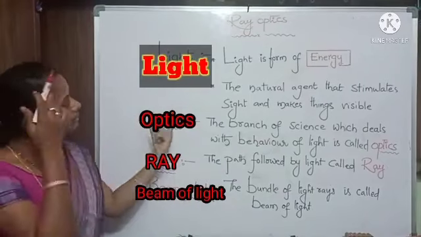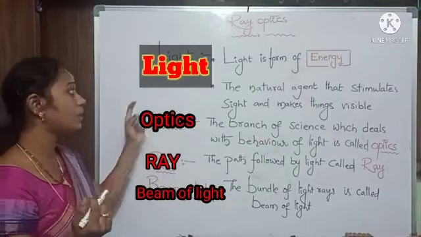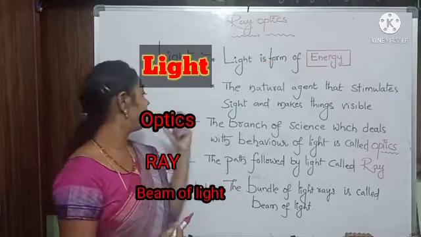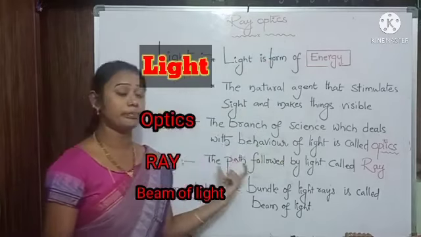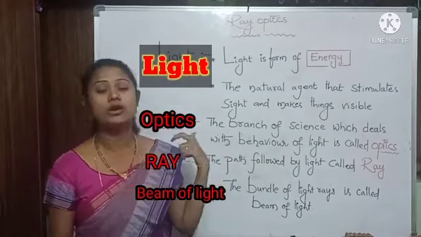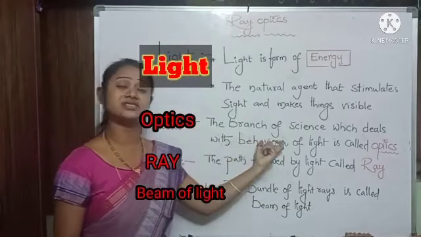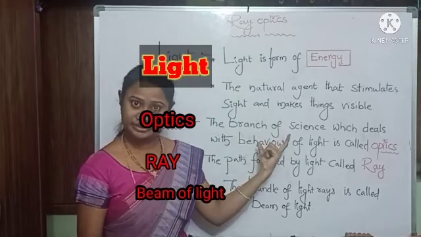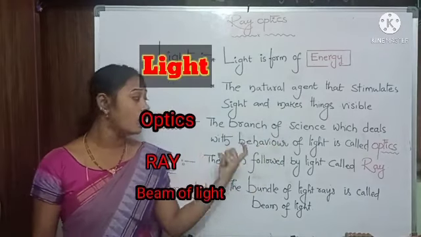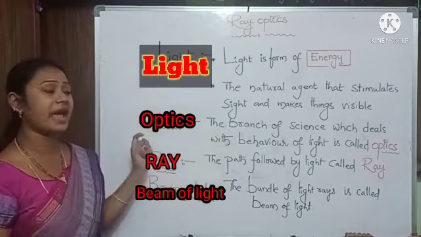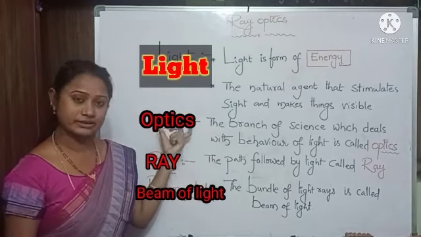Optics. Here are the two terms I mentioned, ray and optics. Optics is the branch of science which deals with the behavior of light. Here we are going to study how light behaves. It has some properties like reflection, refraction, and diffraction. All these properties can be explained in optics.